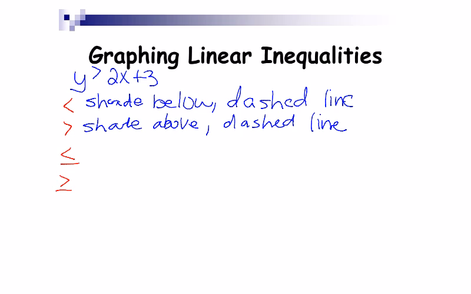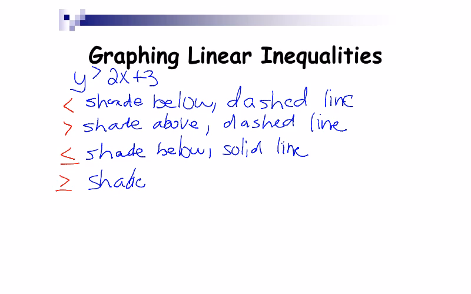Now, the less than or equal to is still a shade below, but this time it's a solid line. And greater than or equal to is a shade above the line, and it's still a solid line.